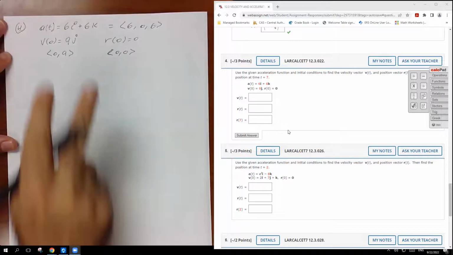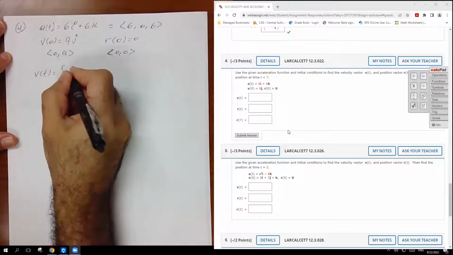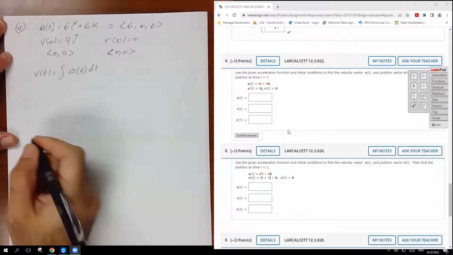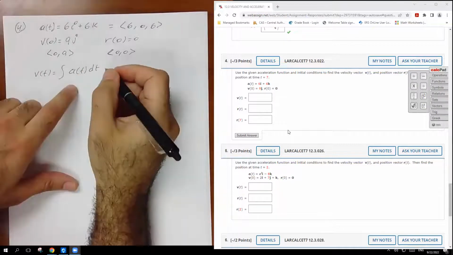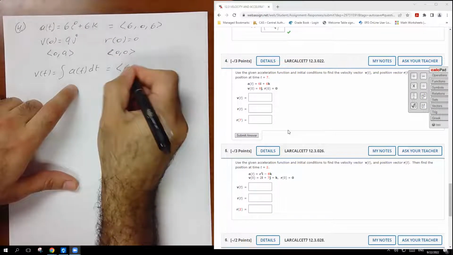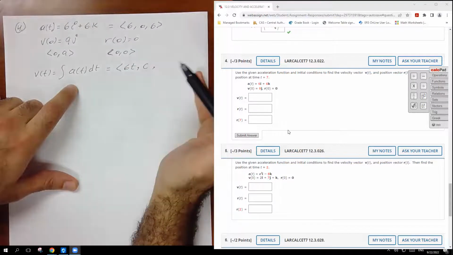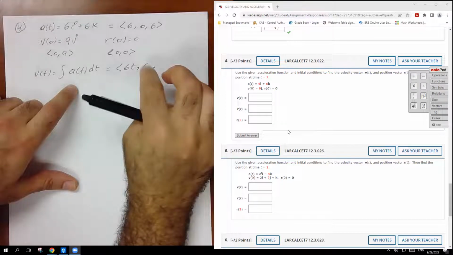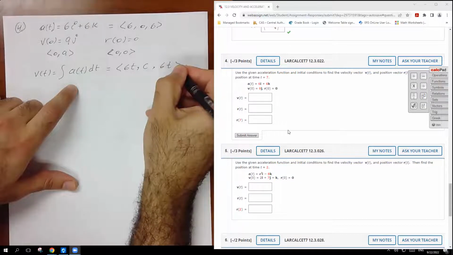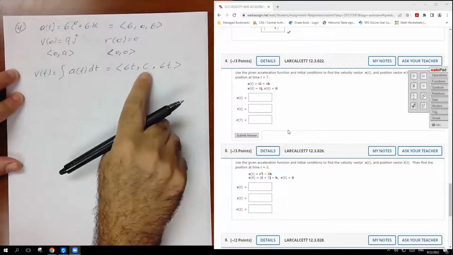Now I'm going to find the velocity. The velocity with respect to the t is going to be the integral of the acceleration with respect to the t dt. That means I'm going to do the integral for this vector, which is equal 6t, and here is going to be c, and I can't write down 1 because I have to find the c, and this one is going to be 6t. Now I'm going to use this one to find the value of c.